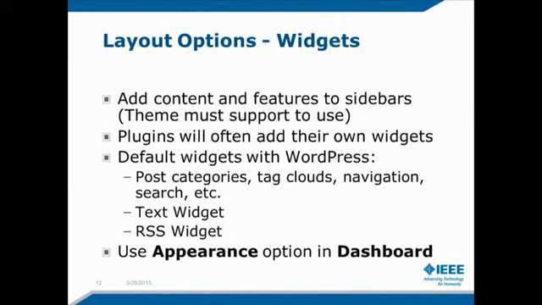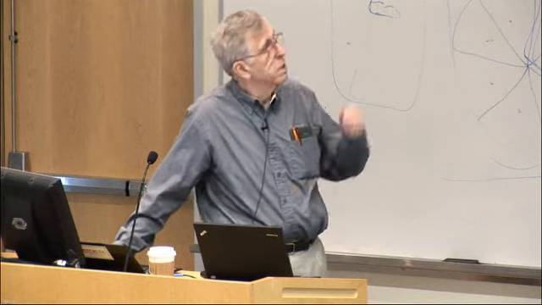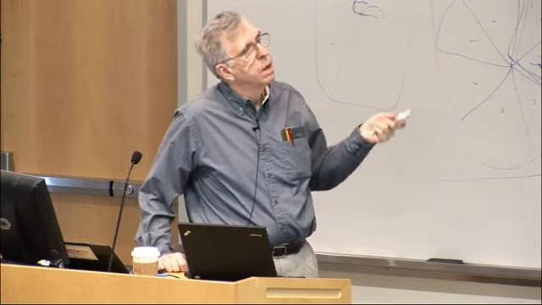Okay, so widgets. Here's some more about widgets. Plugins often come with widgets. There are some default widgets that come with WordPress. There's a widget that you put up that will have a selector by category. You can put a category on a post. Pages don't have categories.